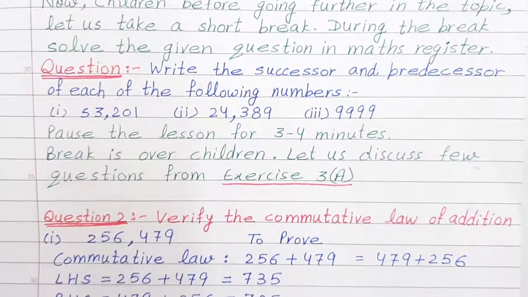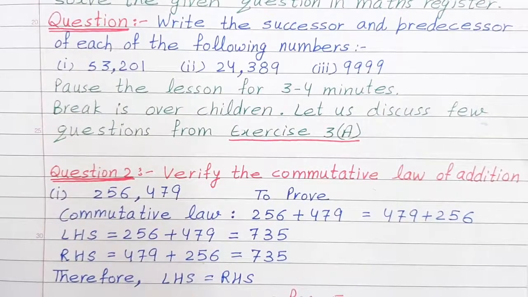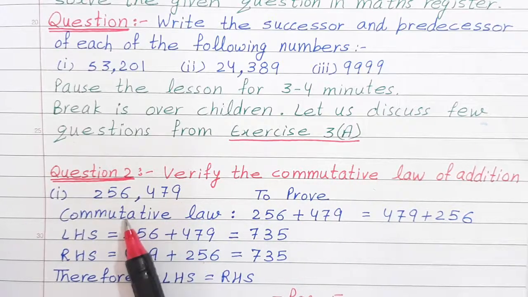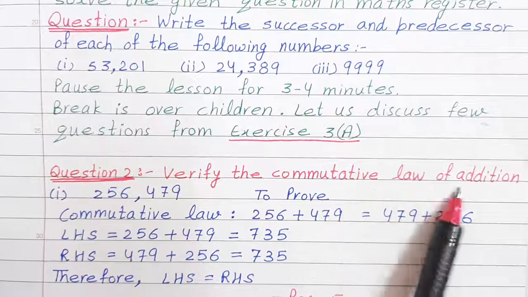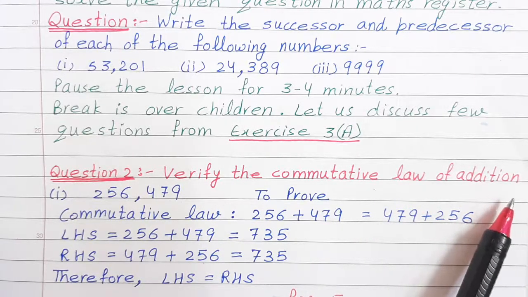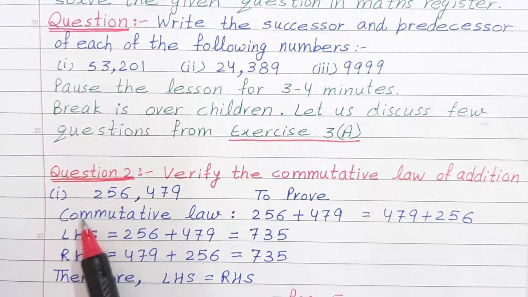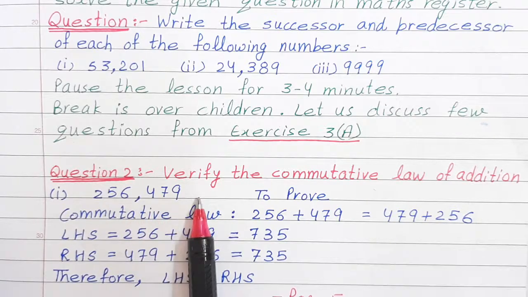Now let us discuss exercise 3A. So from exercise 3A, question number 2 is, verify the commutative law of addition. I hope children you all are ready with your books. So let us start. First part is 256, 479.